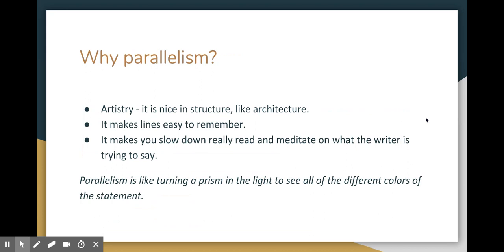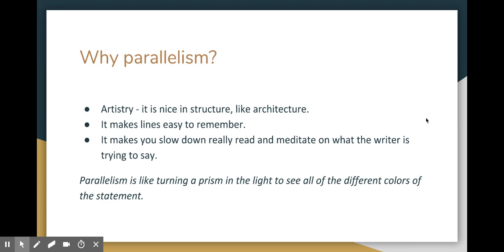So why parallelism? Why do you think the writers would use these types of structure in their writing? Well, number one, it's simply for artistry. It's nice in structure. It's like architecture. If you look at these Psalms, they're nice to read because you're reading them and it's sort of enjoyable because there's a structure to it.